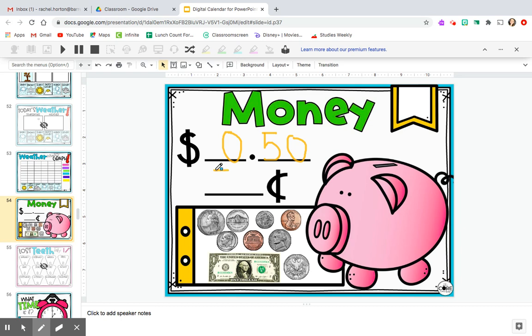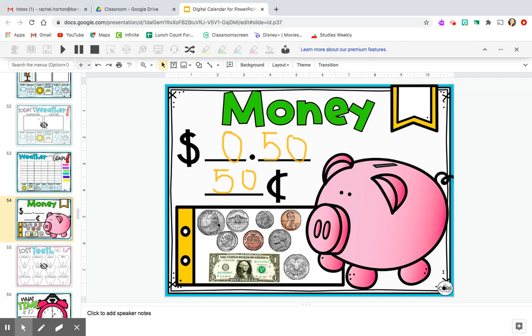So 50 cents. Now, Miss Horton could get all these pennies here and add in 50 pennies. Miss Horton could also get a dime because a dime is worth 10 cents. I could add in 5 of those. Miss Horton could also get a quarter. We talked about a quarter a little bit when you guys were here. And a quarter is worth 25 cents.